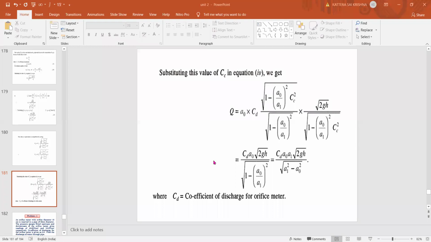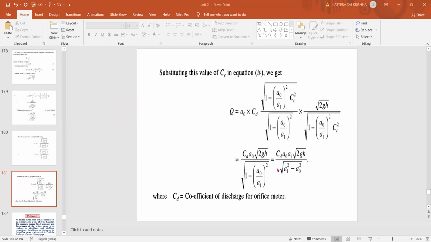So Q is equal to, please write down: for an orifice meter, discharge Q is equal to CD into A1 A0 under root of 2GH divided by under root of A1 square minus A0 square. Please write down this final expression which you are getting.